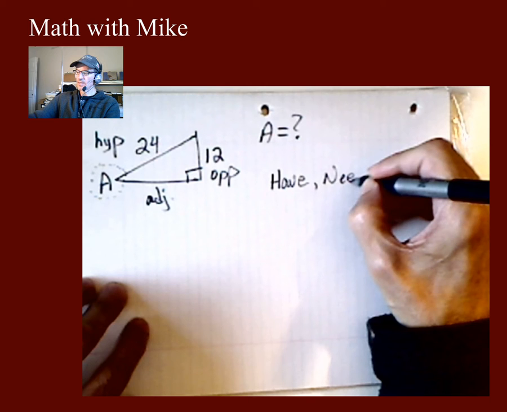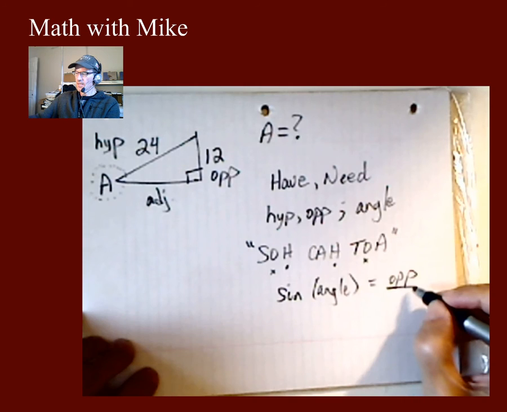We have the hypotenuse. We have the opposite side. So look at that. It's just going to be S, then, for sine. So we'll set it up just like before. Sine of our angle is opposite over hypotenuse. Sine, top, bottom.